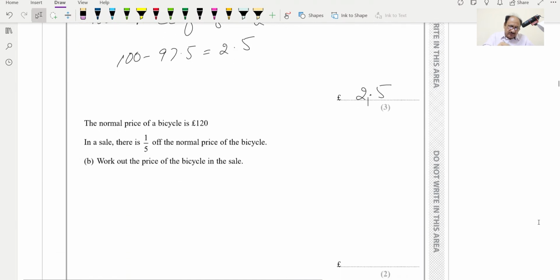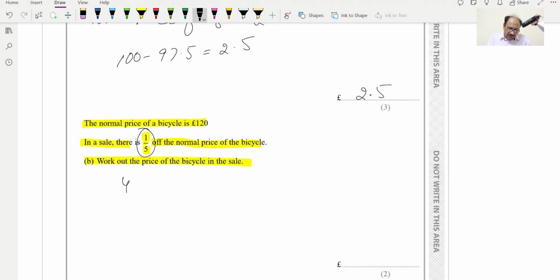The normal price of the bicycle is 120 pounds. In a sale, there is 1 by 5 off the normal price of the bicycle. Work out the price of the bicycle in the sale. So the sale price basically we have to calculate, and 1 by 5 is the discount.